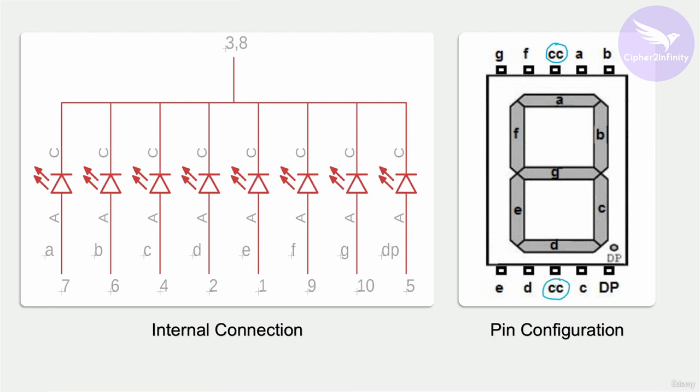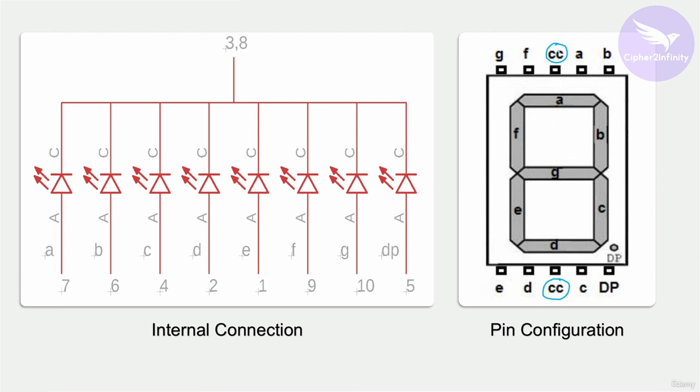If you put your multimeter in continuity mode and measure the continuity between this pin and this pin, you will observe a beep sound. Which means these 2 pins are internally connected. So when you design the circuitry, even if you connect only one pin, this 7-segment LED display will work.